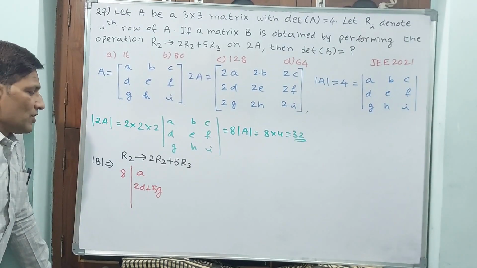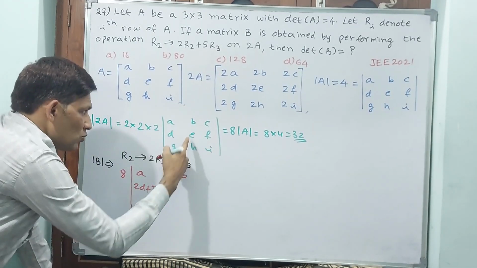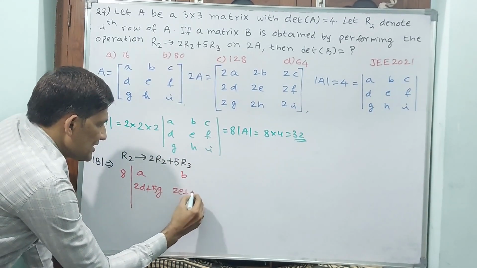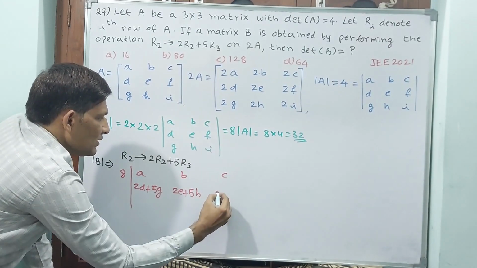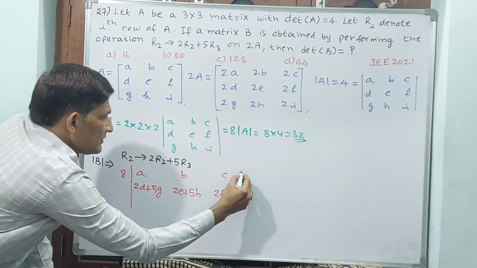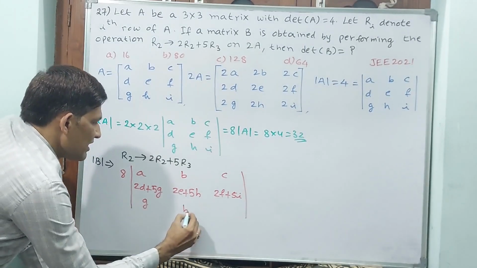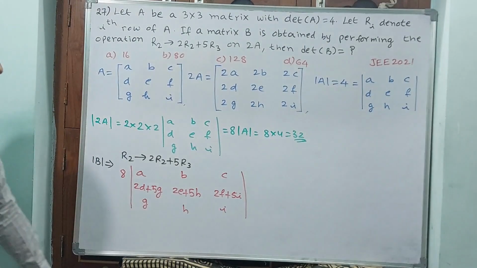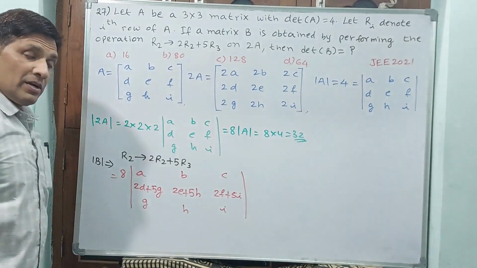Then for the next column: 2 times E plus 5 times H. Then for the next: 2 times F plus 5 times I. Is there any change in R3? No. Then you keep G, H, I the same. Now this is determinant B.